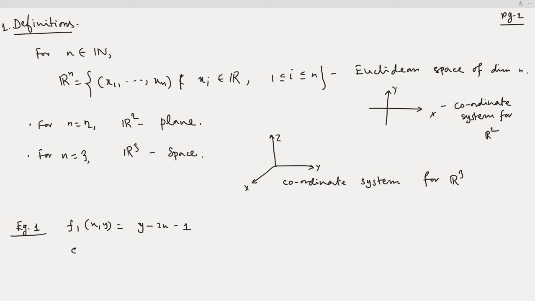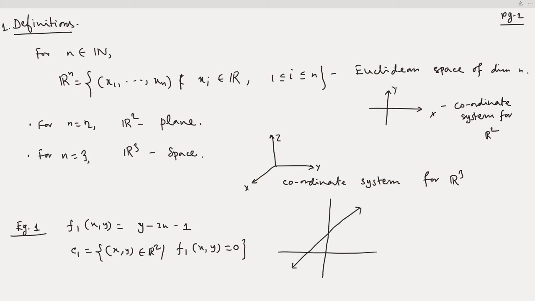Then C1 is the set of all points (x, y) in R2 such that f1(x, y) equals 0. Pictorially, this is a straight line passing through (-1/2, 0) and (0, 1).